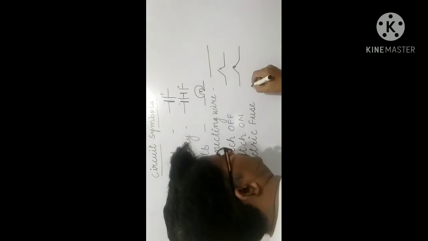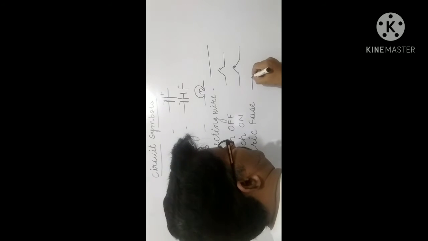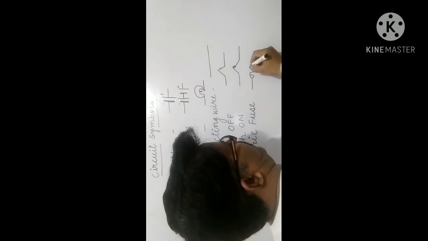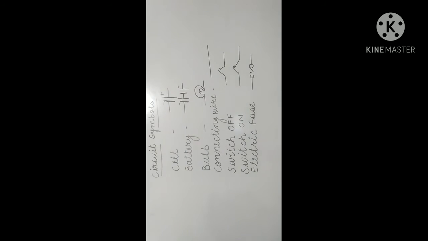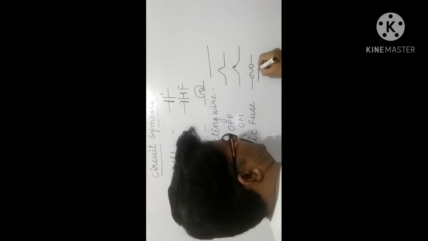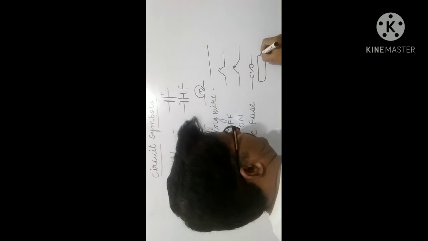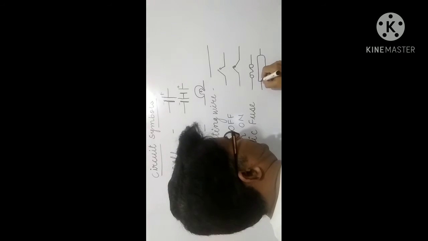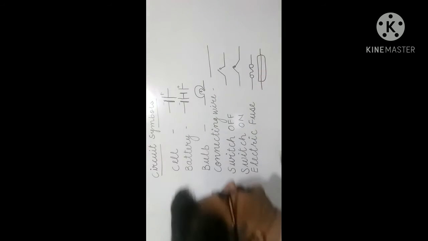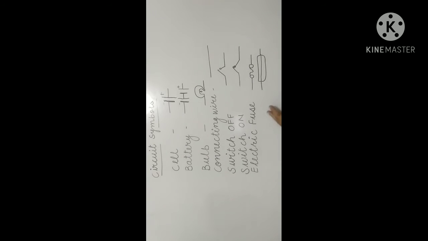You can make a circle like this. Yeah, you can make a cylinder type, and the wire is going inside it. So these are the symbols of electric fuse.